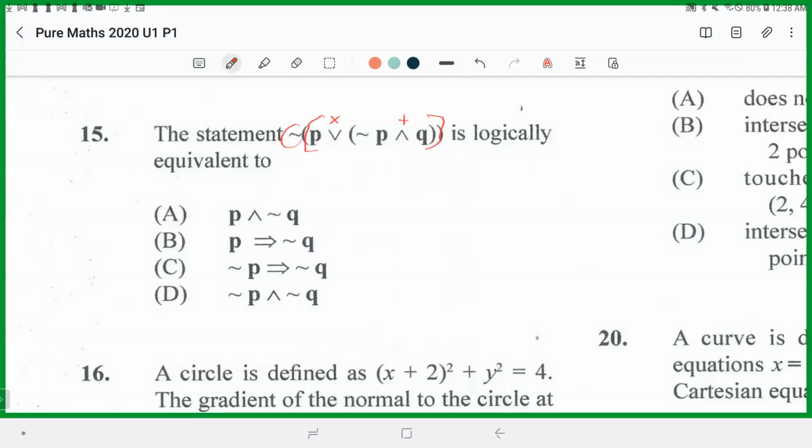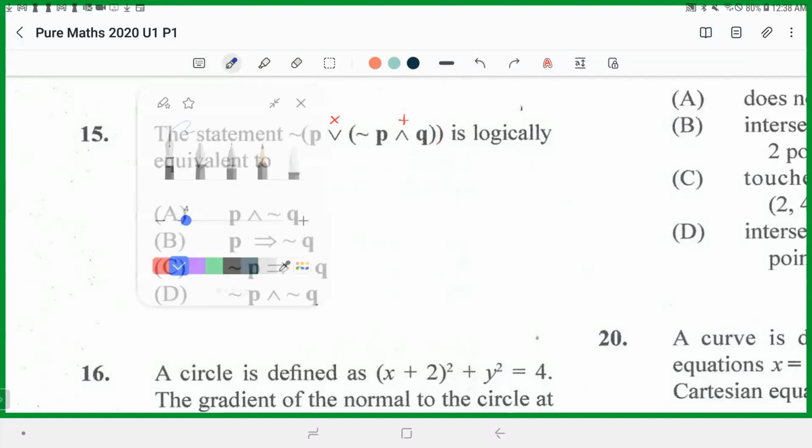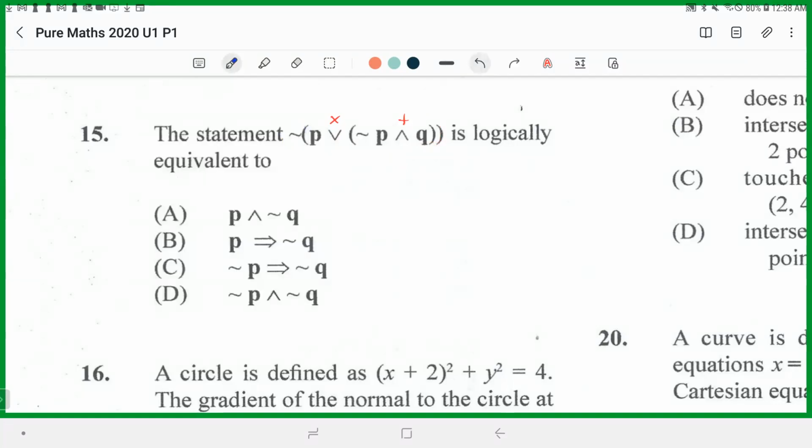Leave the not outside for last. So it's going to become this now. I'm going to leave this outside and work out what is in the bracket first. I'm going to distribute the P using the OR over the bracket with the AND, like the distributive law inside there. So I'm going to get the not.